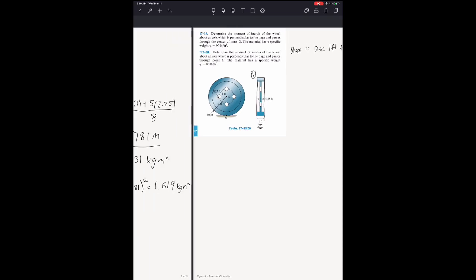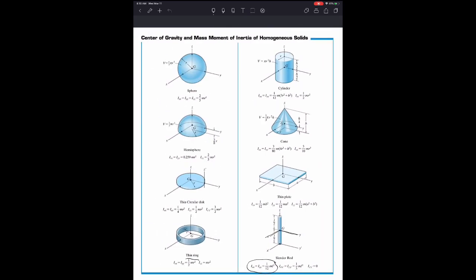So the moment of inertia, let's say this first of all: shape 1 is a disk 1 foot thick, 2.5 feet radius. Fortunately, they give me the formula for the moment of inertia about this perpendicular axis, the z-axis.